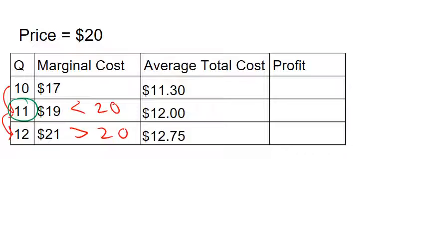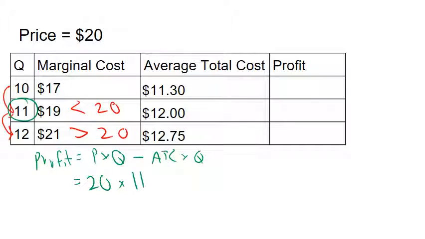To find the maximum profit, all we've got to do is find the profit at that quantity. And we know that profit is going to be price times quantity minus average total cost times quantity. So price is 20. The quantity we're looking at is 11.